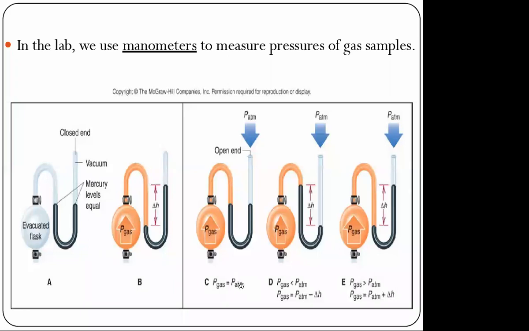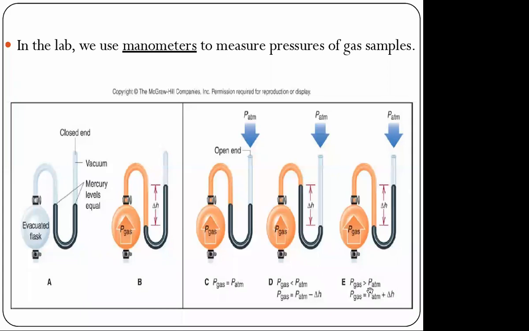Now, when the pressure of the gas is lower than the pressure of the atmosphere, you have this situation: the pressure of the atmosphere would move the mercury by a distance of delta H, because the atmospheric pressure is greater than the pressure that is coming from the gas.